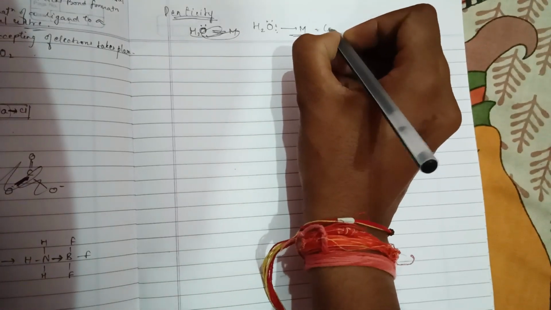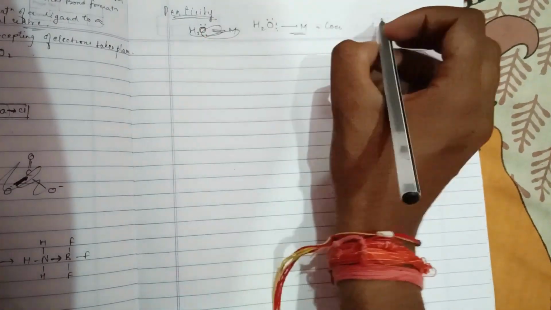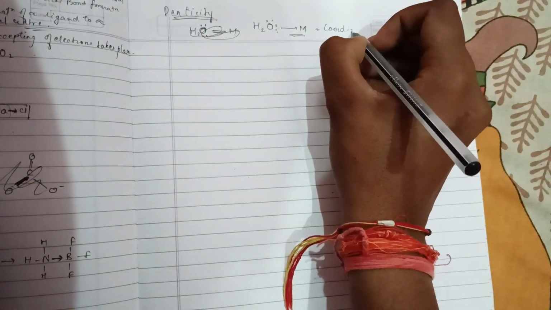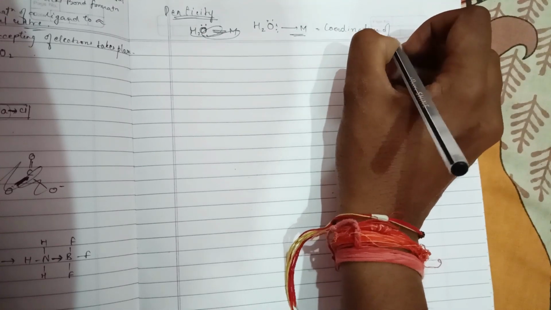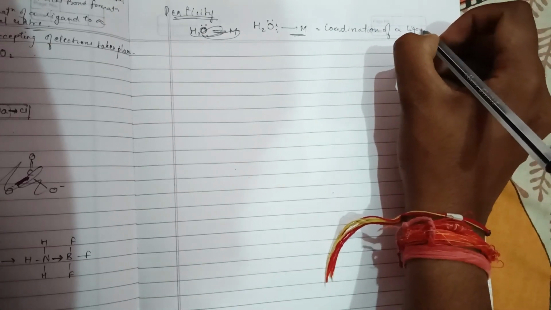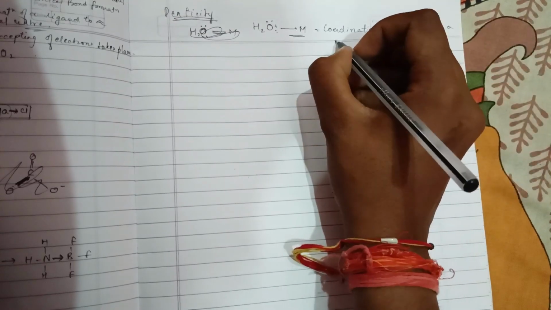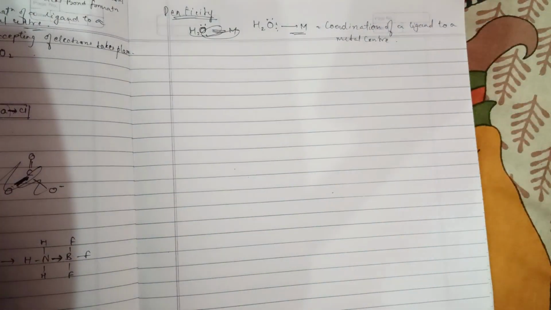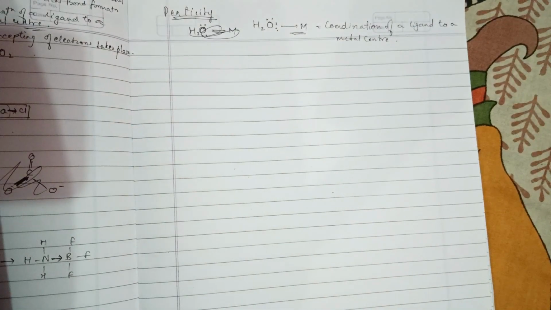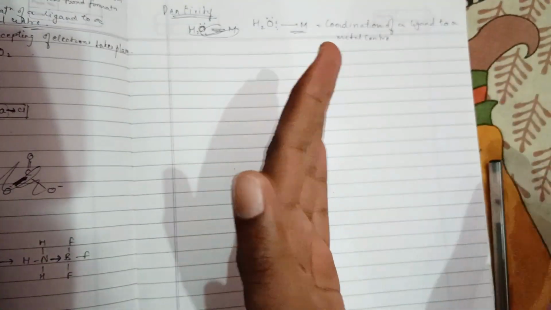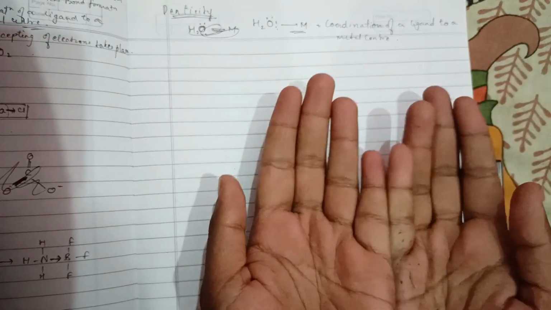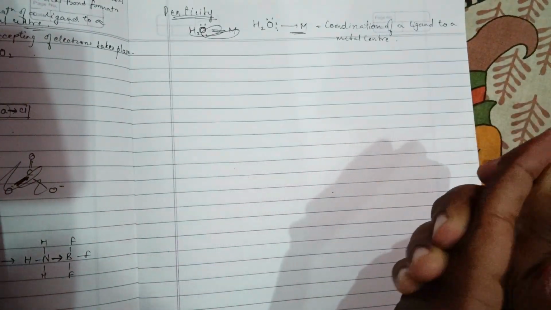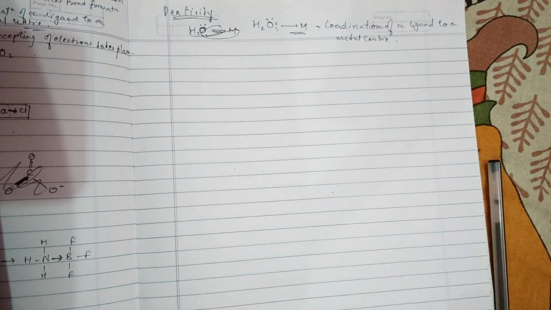Coordination of a ligand to a metal center means in what form the ligand is attached to or coordinated with the metal. There is more classification based on denticity.